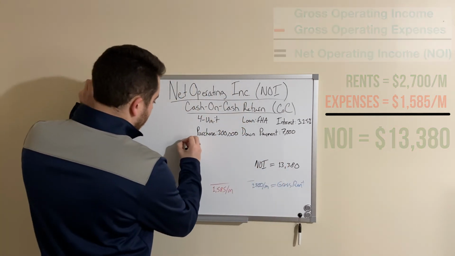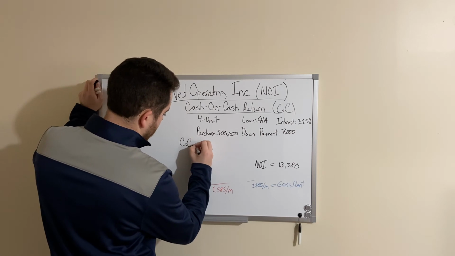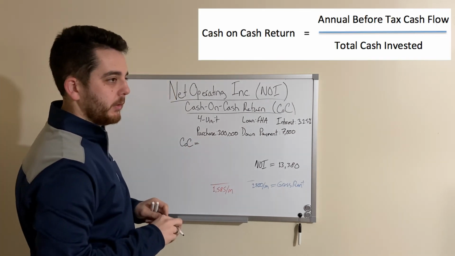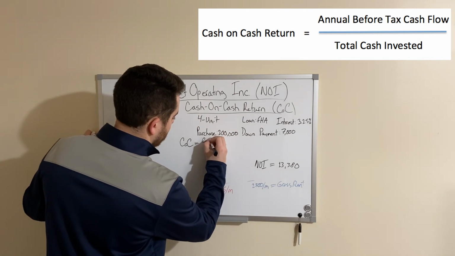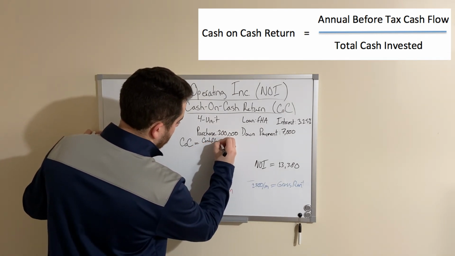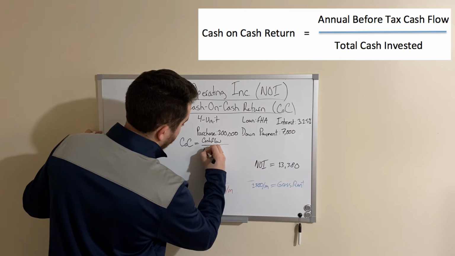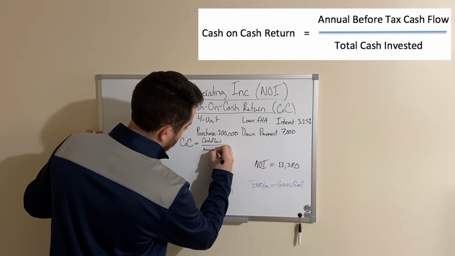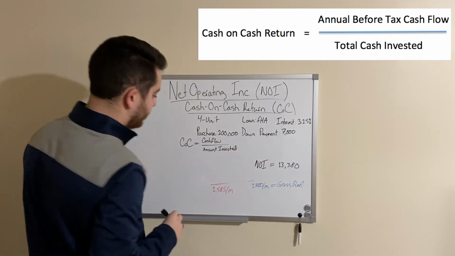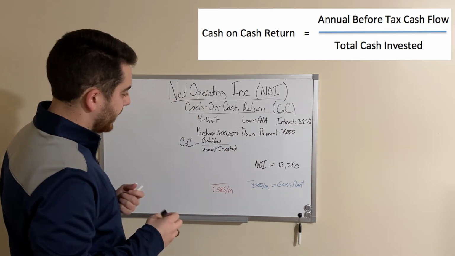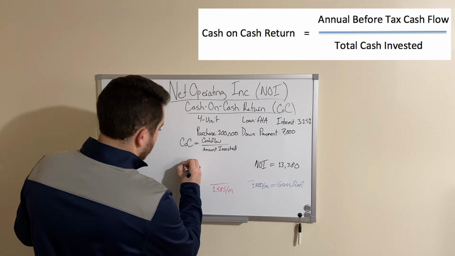And then cash on cash return is calculated by dividing the cash flow by the amount you have invested.